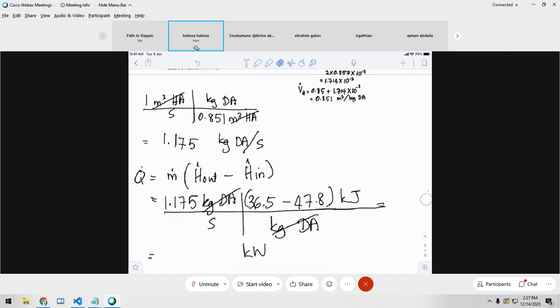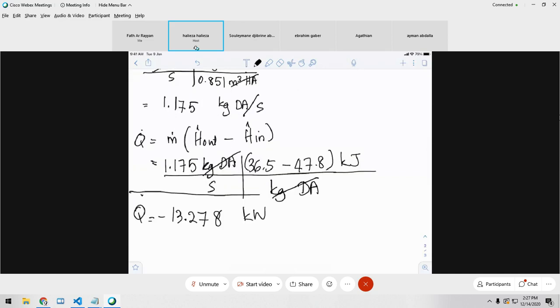Now if we do the calculation, I will do it over here. 36.5 minus 47.8 will be minus 13.278 kilowatts. That's the amount of heat that you need to remove in order to cool it down until it reaches the dew point. That's the amount of heat you have to remove from your system until it cools down.